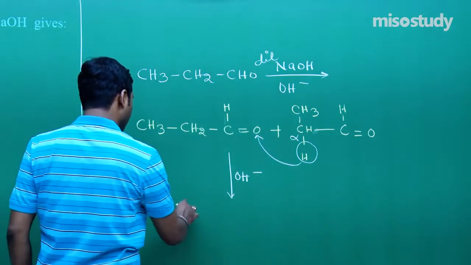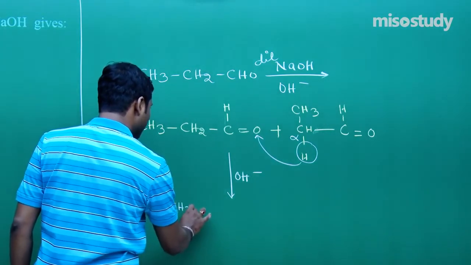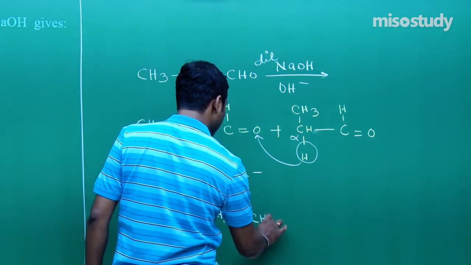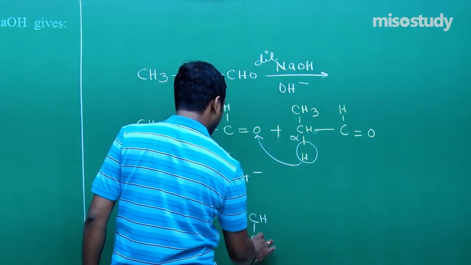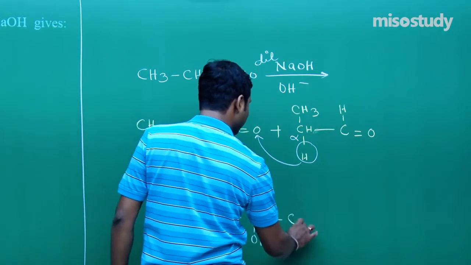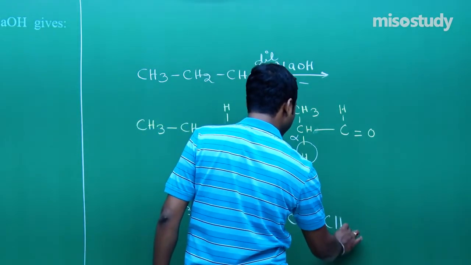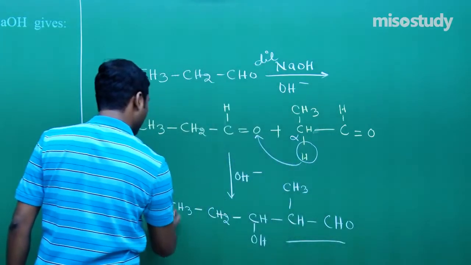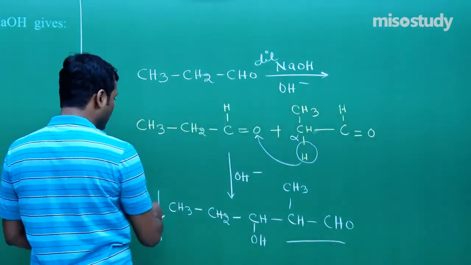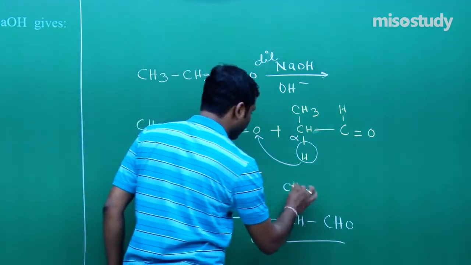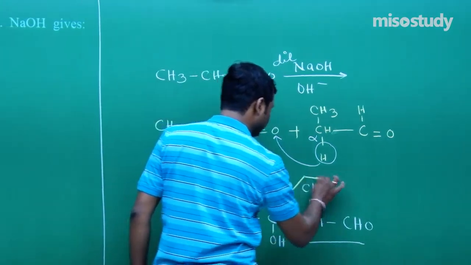So the product is CH3CH2CH, then put here OH, then CH, put here CH3, then CHO. This is the product. Now check which one is the correct option. This one and this one.